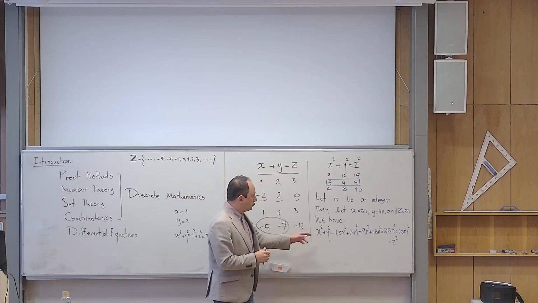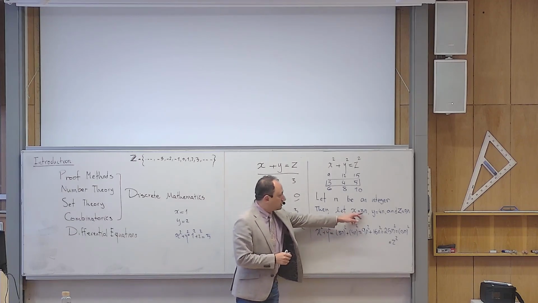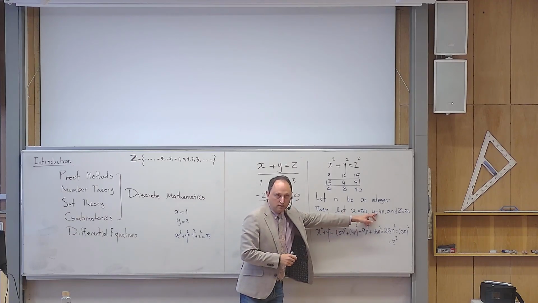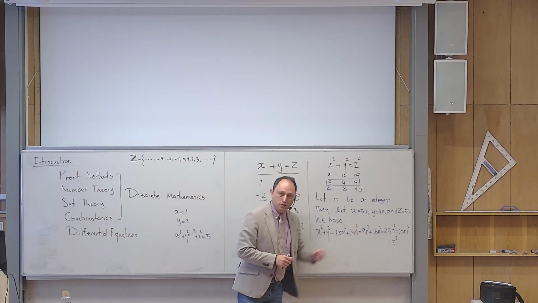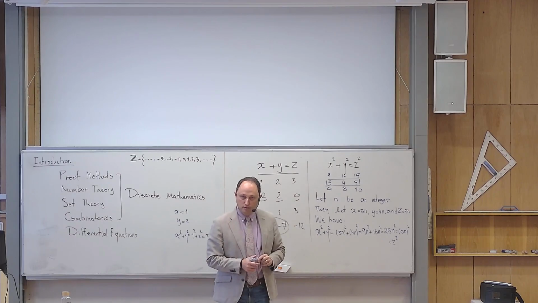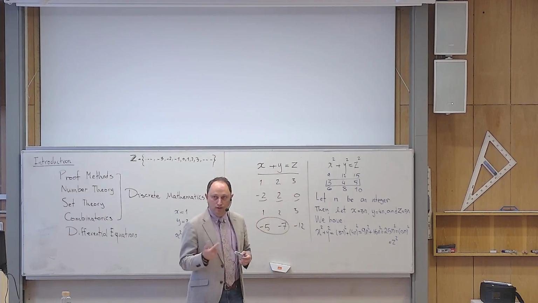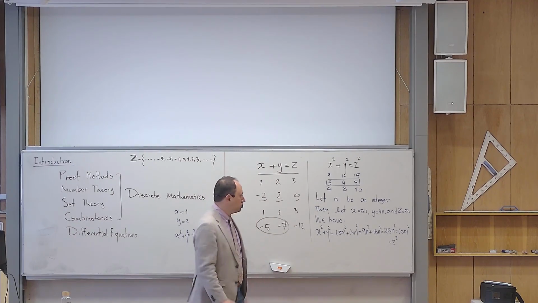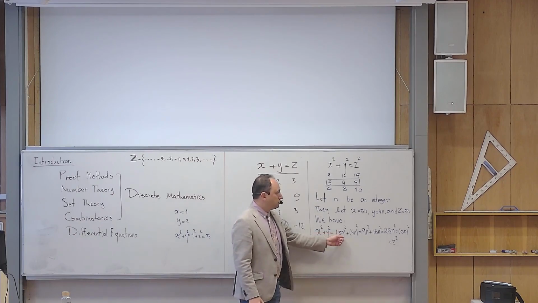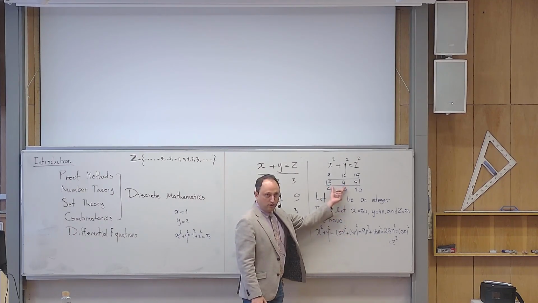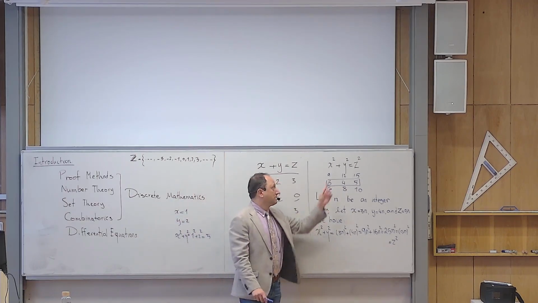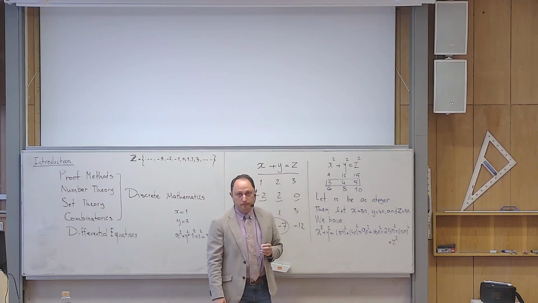And I showed you that regardless of my choice for n, x squared plus y squared is equal to z squared. Is that clear? Yes or no? Are you with me or not? Yes. Okay, so it means that I was able to show that there are infinitely many triples coming from this list that satisfy this equation.